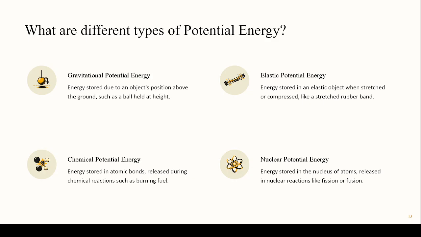But you can see that there is a bond between hydrogen and oxygen atoms in water. So when we boil this water, or let's say we burn that wood, then this bond between atoms breaks and energy is released. While that bond is not broken, that energy stored in atomic bonds is called chemical potential energy.